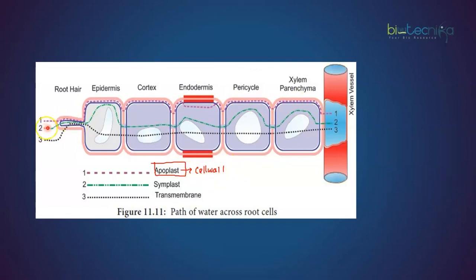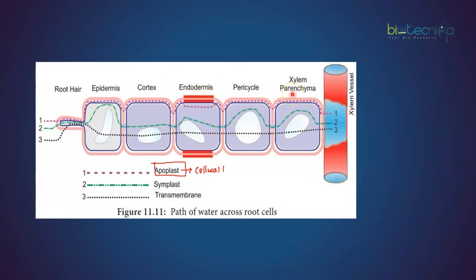In symplast, this green part, if you see, it goes through the cytoplasm of every cell and through the plasmodesmata. So symplast goes through the plasmodesmata and cytoplasm. But transmembrane will go to the vacuoles. You can see this white part is the vacuole. This is vacuole transmembrane transport. So it is going through the vacuole and reaches the xylem, going through epidermis, cortex, endodermis, pericycle.